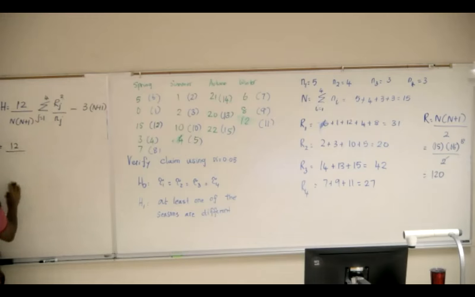12 divided by 15 multiplied by 15 plus 1, 16.